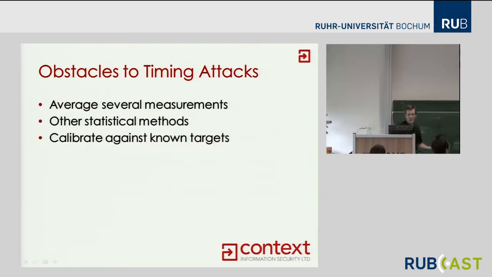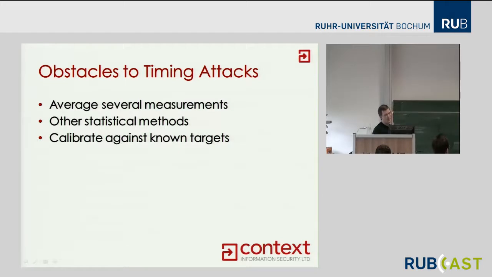So there are ways to overcome that, and the best way is really to do lots and lots of measurements. So instead of making a particular request or taking a timing just once, the attacker might take it lots and lots of times and take an average or median. And if you're mathematically inclined, there are much more powerful statistical methods, which I won't go into because I don't know how they work.